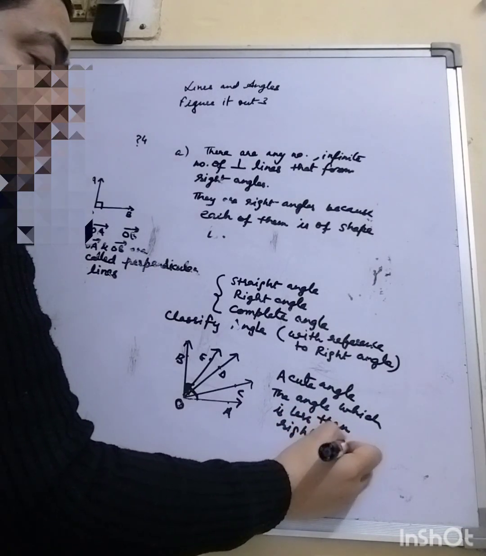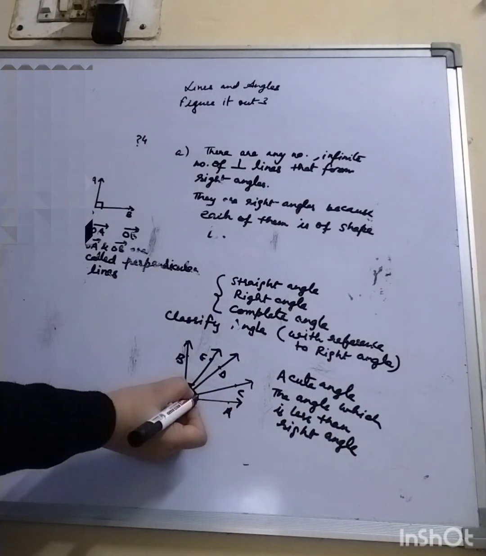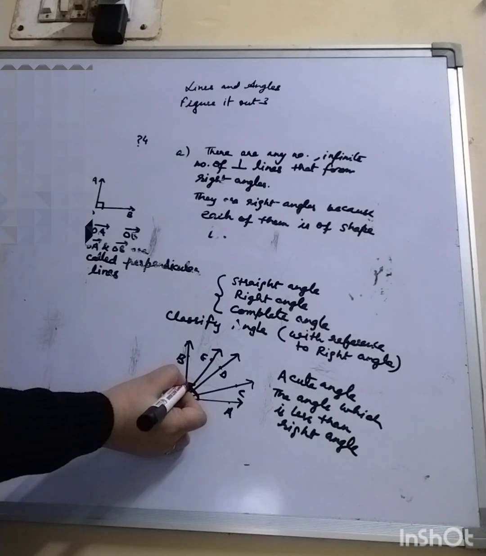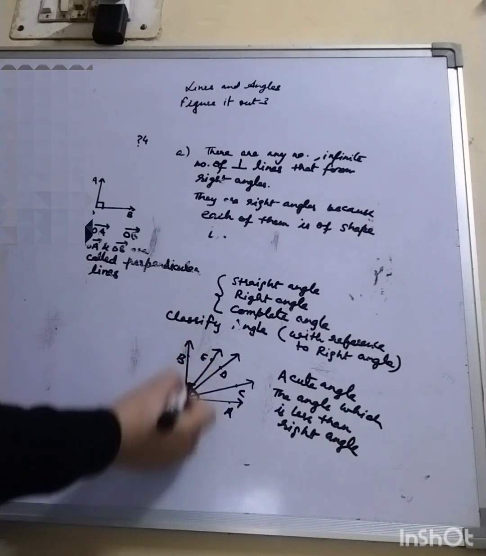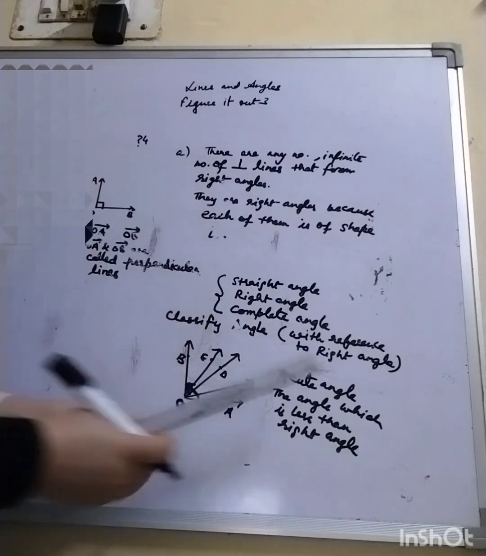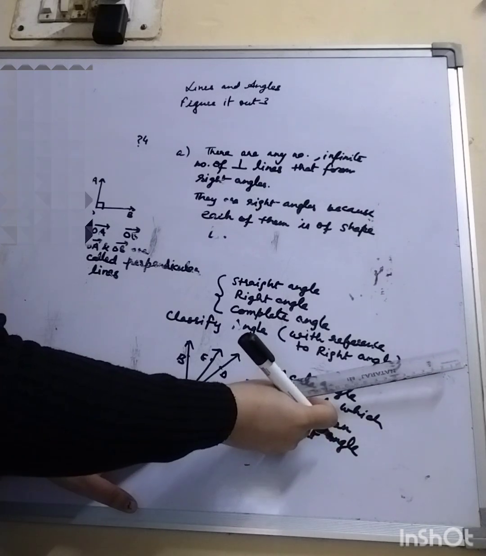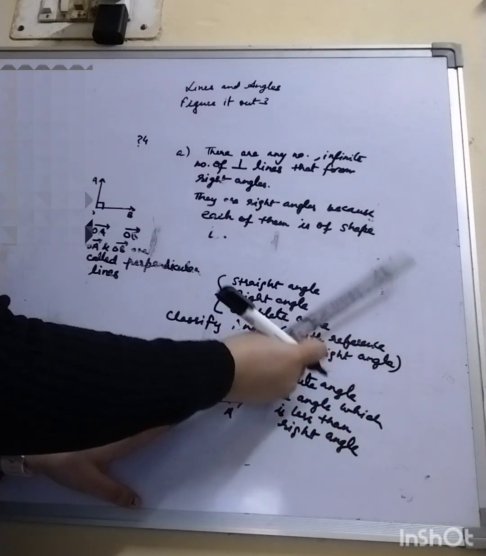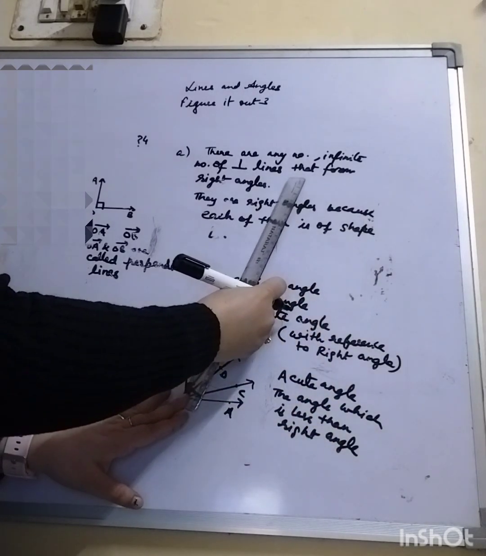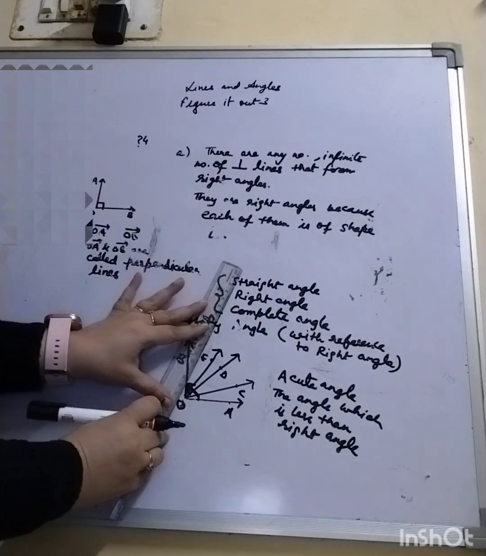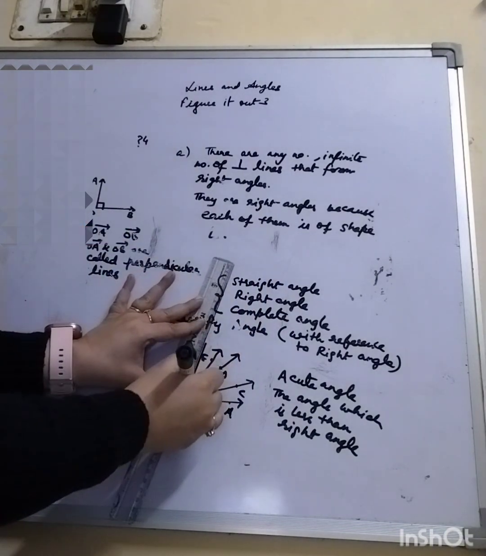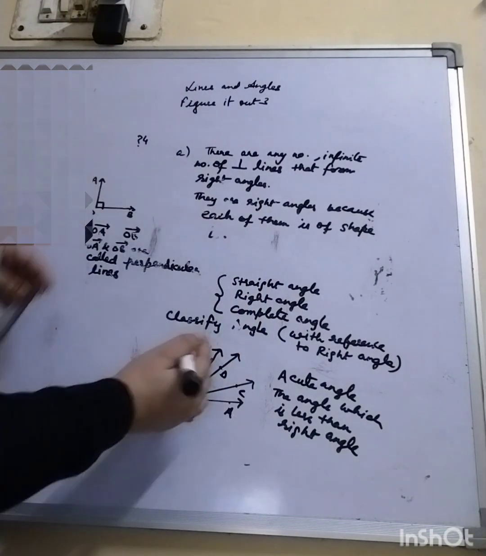So the turning is less than a right angle. This is the whole turning from OA to OB. You get 90 degrees. So all the turnings that are less than 90 degrees would be called acute angle. So the first type of angle is acute angle.